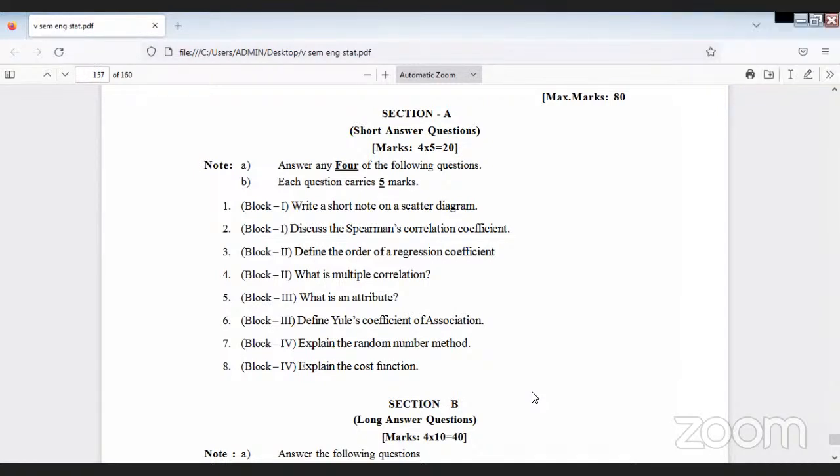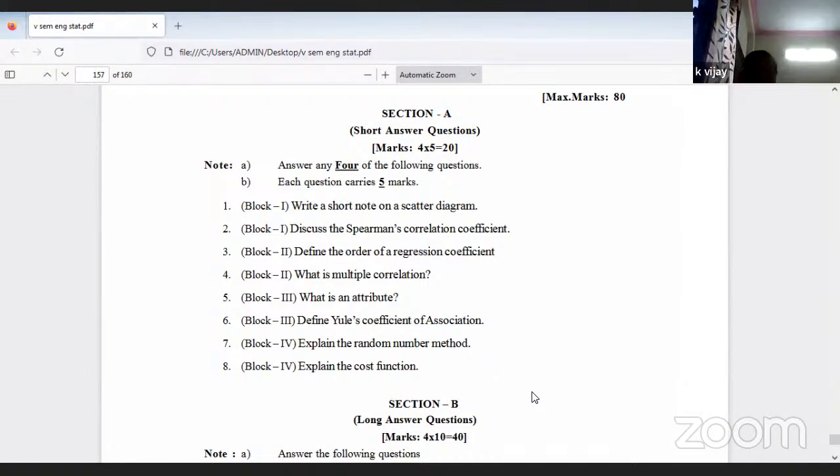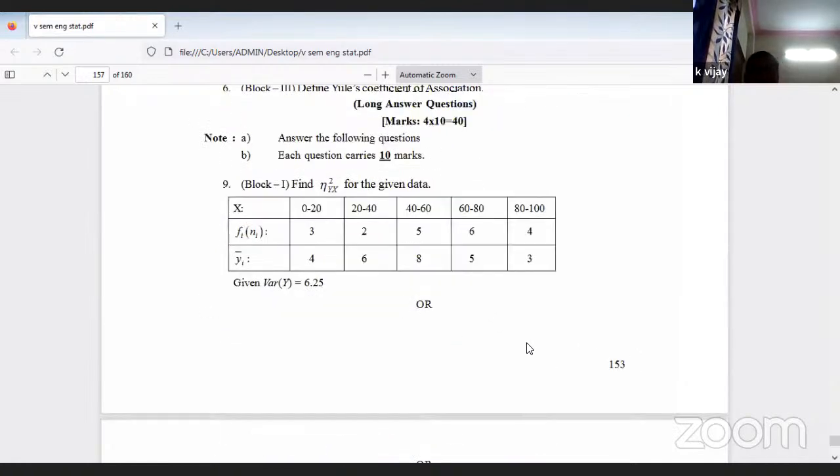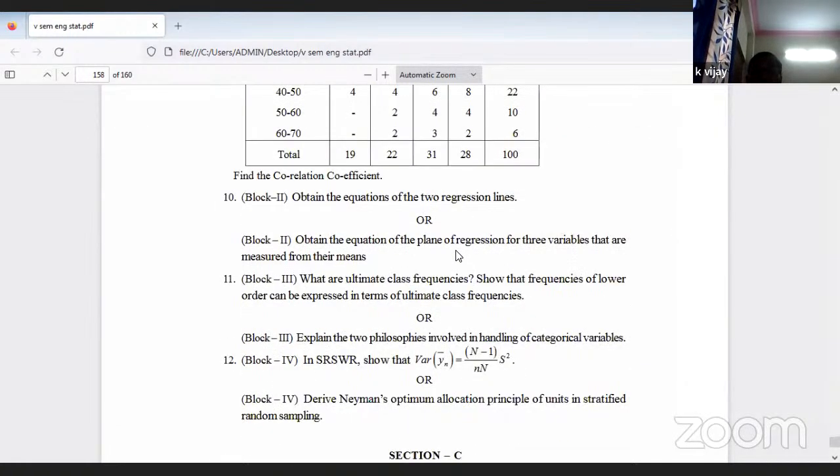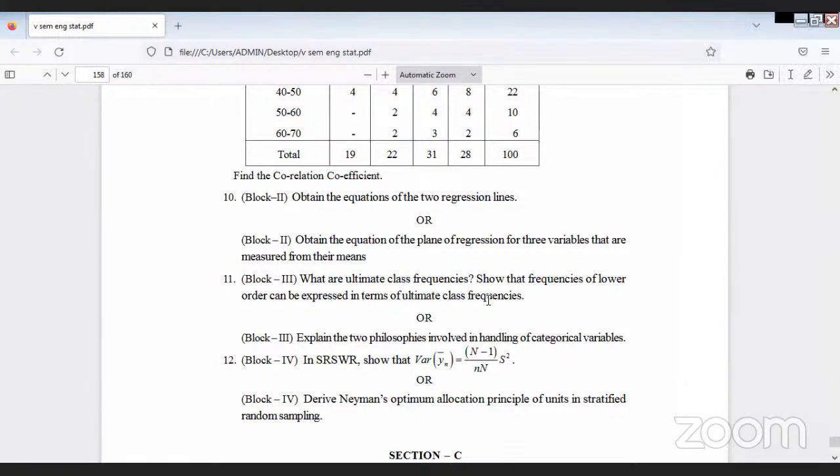Spearman's told, regression coefficient told, multiplication told, attribute told, Euler told, now cost function told, random number method told. In long questions also, this function told. This is also told: obtain the equations of the two regression lines. The class frequencies I told? Told or not? Yes, sir.